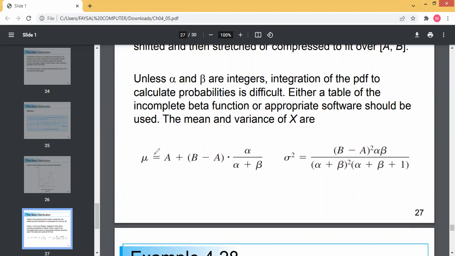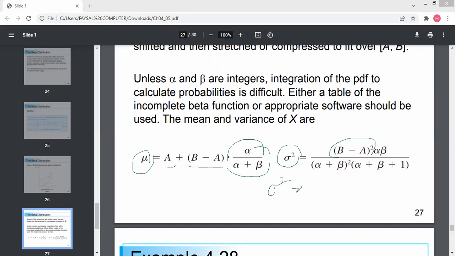So mu equals A plus (B minus A) times alpha upon (alpha plus beta), and sigma squared equals (B minus A) whole squared times alpha beta, divided by (alpha plus beta) whole squared times (alpha plus beta plus 1).